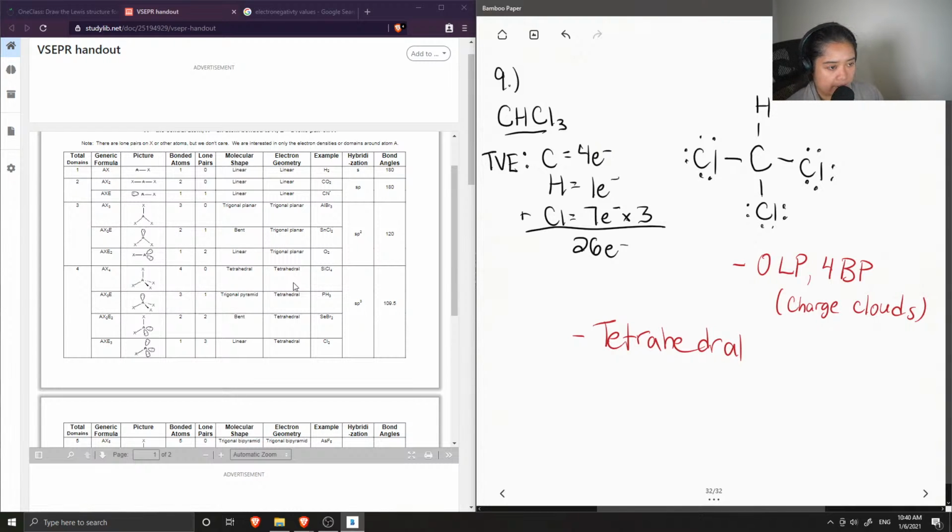And in terms of its hybridization, this is known as an sp3 hybridization. And the bond angles in between each atom is 109.5 degrees.